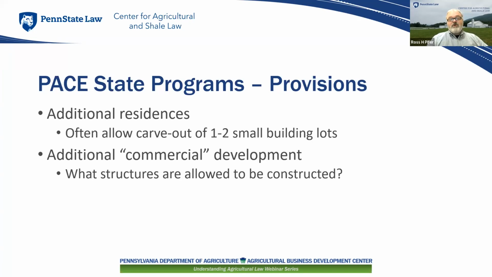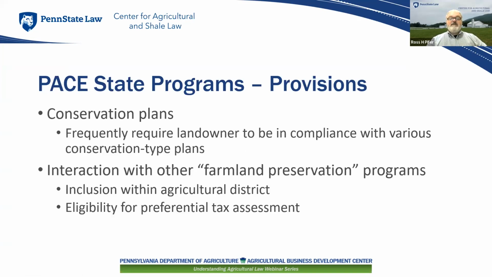So these state programs have to deal with that, and they frequently do allow a carve out of one or two building lots, and Pennsylvania has provisions for that. What structures are you allowed to build on the property? I think that becomes an issue as agriculture looks a little different today than it did 10 or 20 or 30 years ago in terms of what farmers are actually doing on the land.